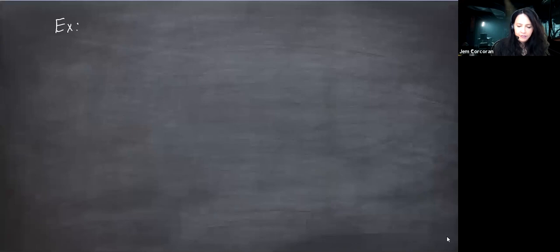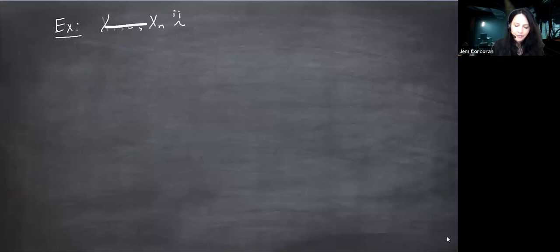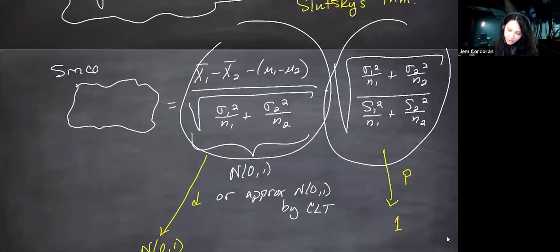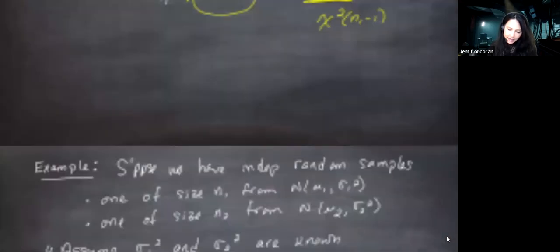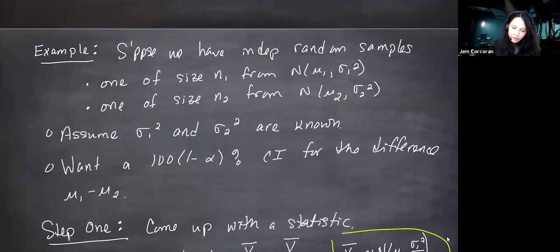Okay, so the last thing I think we can do today is, what if you have x1 through xn? No, I've got two samples. I really do want to use cut and paste this time, so forgive the scroll. I'm going to use the same kind of setup as the last example.